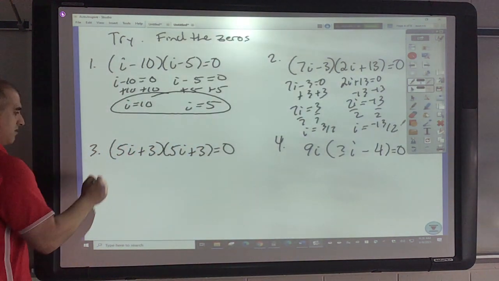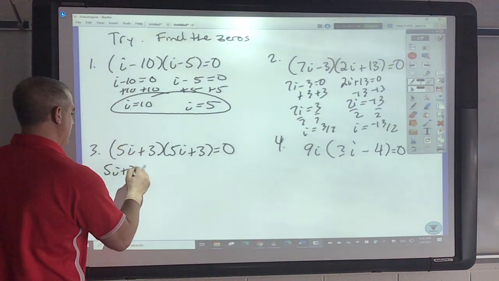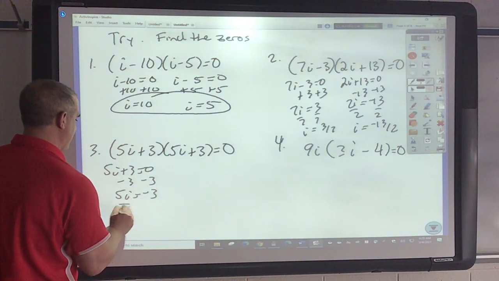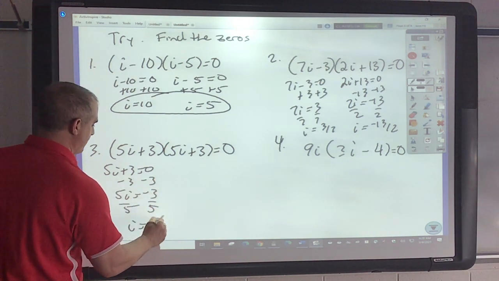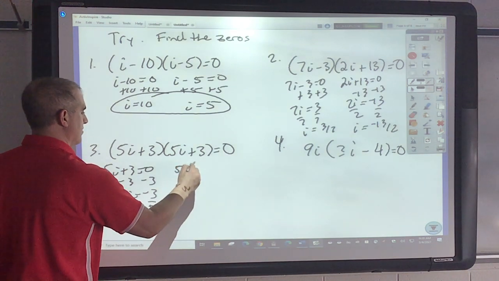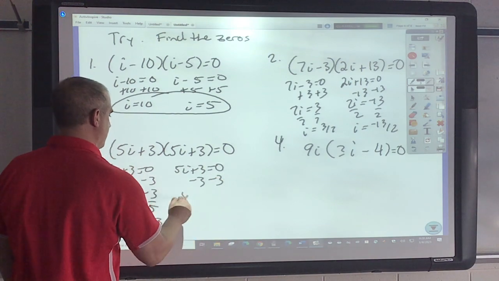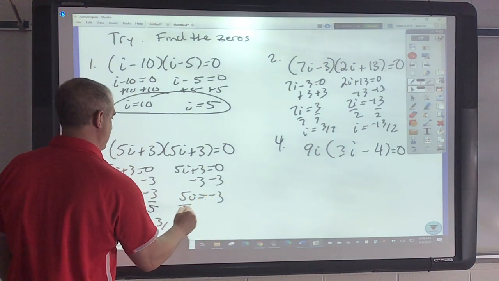Once again, here's a double. Okay, we'll talk about that in the next video on how you solve that. So that's 5i equals negative 3. Divide by 5, I equals negative 3/5. Okay, so it's the same thing over here. When we look at the graphs, I'll show you how those tie into that.